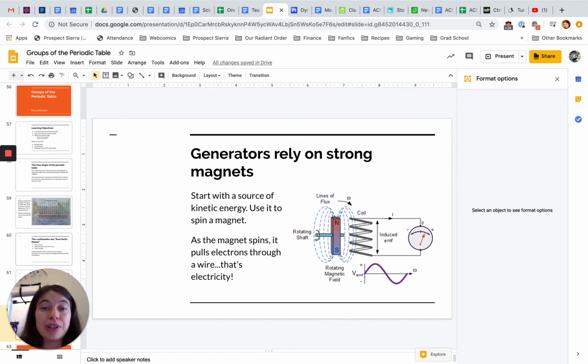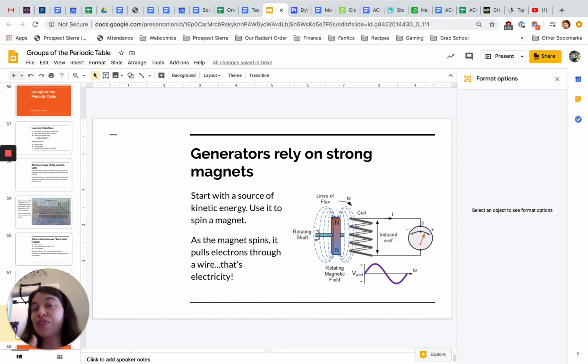And as they're pulling on the electrons in the wire, it can start the electrons moving from one atom to the next. Because remember, metals have that wonderful property of being conductive. They have that electron sea where they share all of their valence electrons and are happy to pass them along from one atom to the next. So if you have magnets sort of pulling on those electrons, you can create a flow of electrons through a wire. And that flow of electrons through a wire, that's what electricity is.